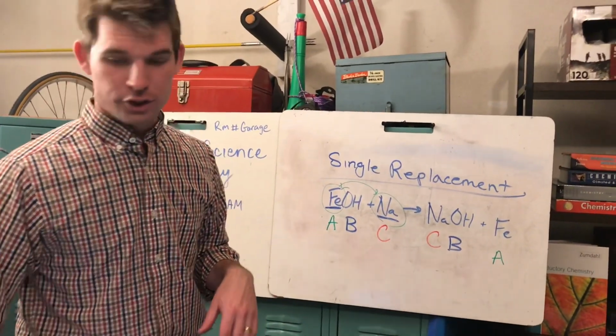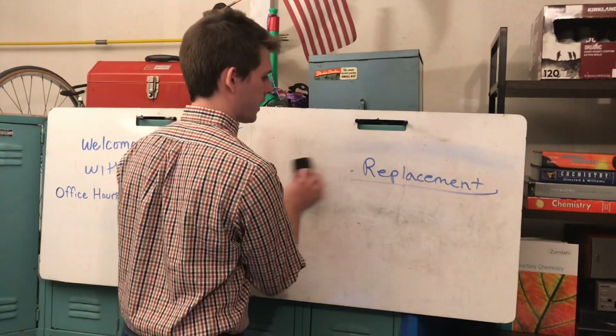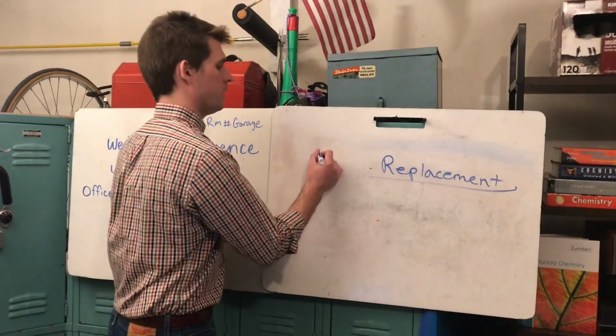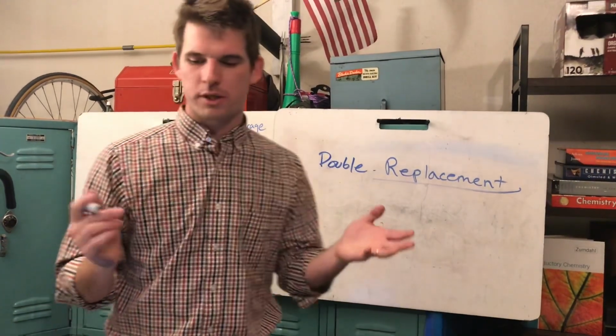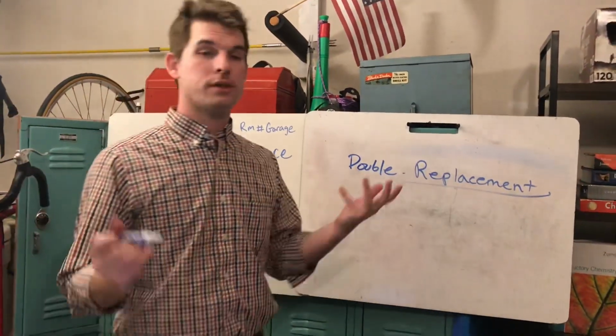Okay, we're going to do the fourth type of chemical reaction, which is the double replacement. Some people say double displacement, double replacement, same thing. Okay, so let's come up with an example.